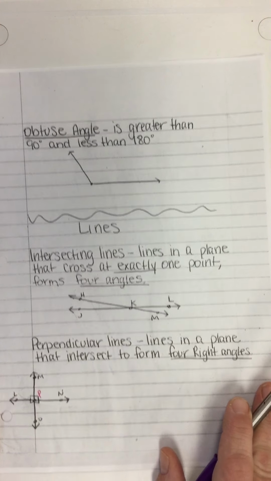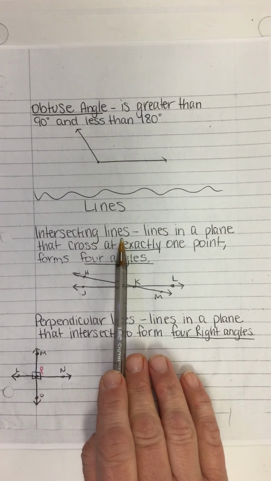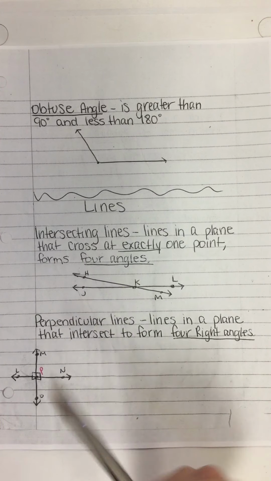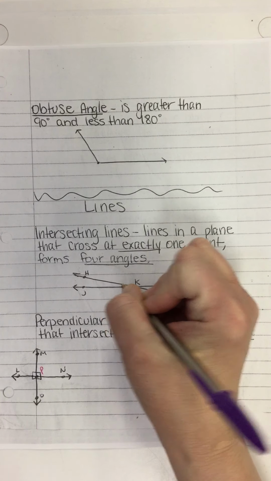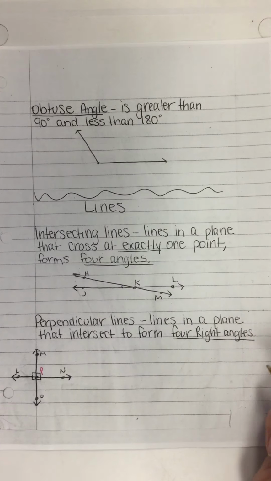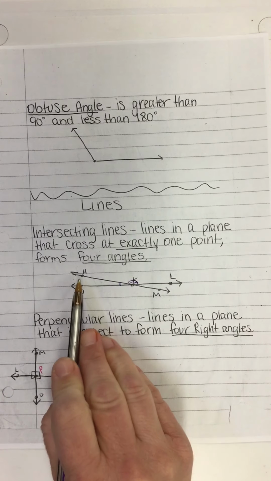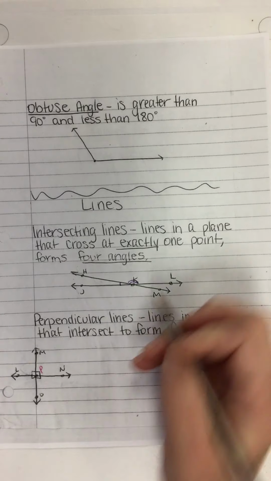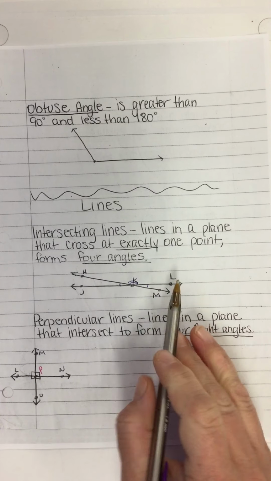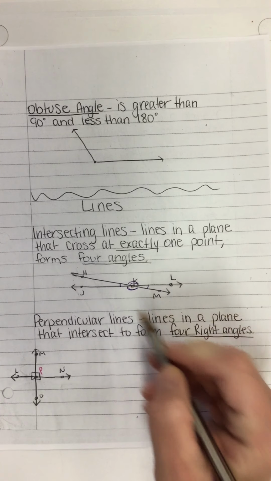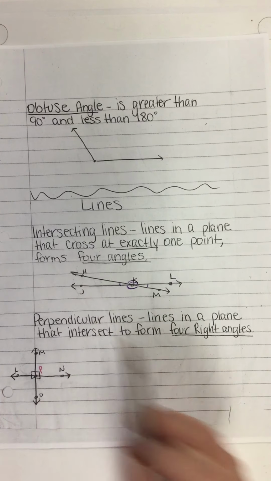All right, then we moved into lines. Intersecting lines are lines in a plane that cross at exactly one point and form four angles. So there's an angle HKJ. Here's an angle HKL. Here's an angle LKM. And here's an angle MKJ.